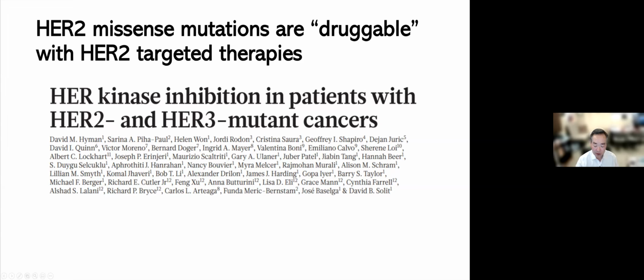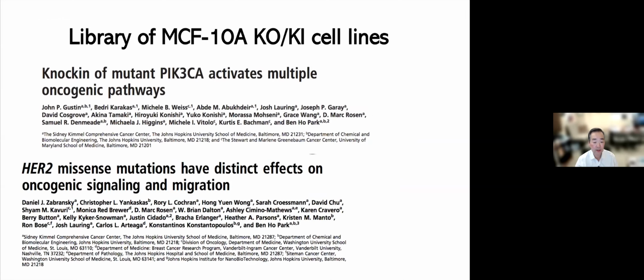I'm not going to get into the weeds of the details, but suffice it to say, this wasn't necessarily across all tumor types where they saw actual benefit. It was mostly in breast cancers. And so for our purposes and what we wanted to study, that was still pretty exciting to see that, in fact, these HER2 missense mutations could be targeted with kinase inhibitors.